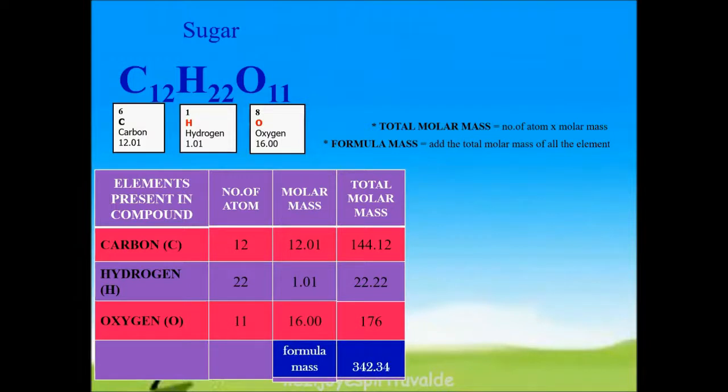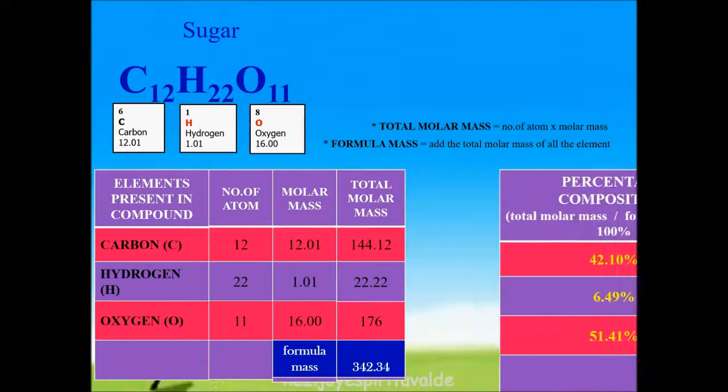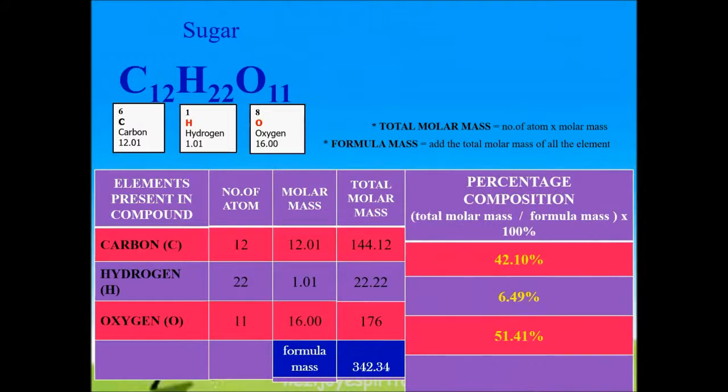Add all the total molar mass, which is equivalent to the formula mass. Lastly, for the fifth column, apply the equation total molar mass divided by formula mass times 100% to get the percentage composition of each element.